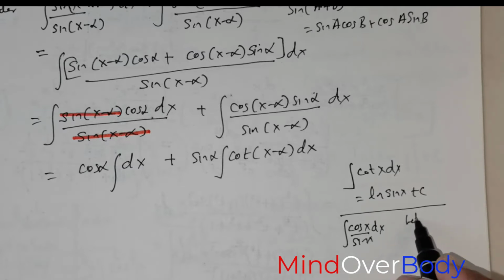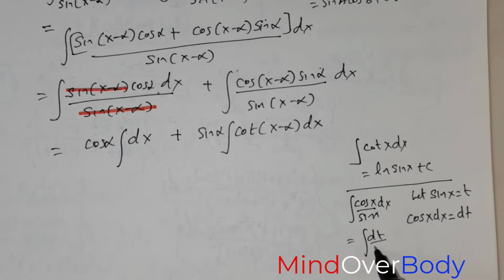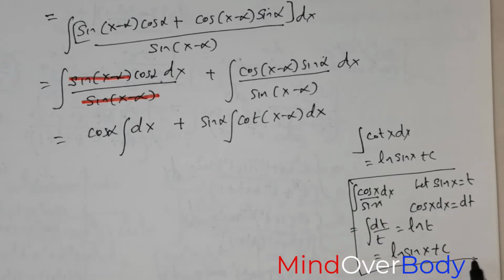Now by substitution I can take sin x to be equal to t. If I differentiate, cos x dx is equal to dt. So I substitute dt there, and for sin x it's t. This gives me ln t, but my t is sin x. So that's how we are getting ln sin x.